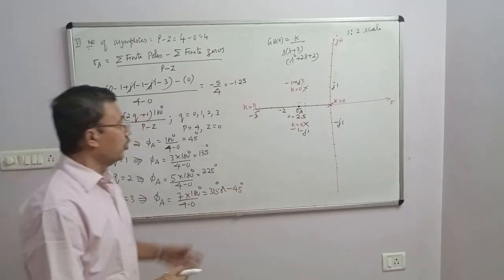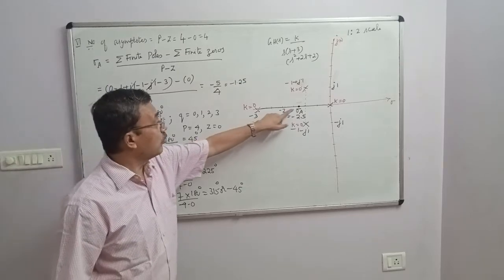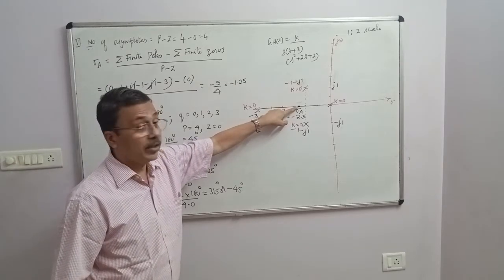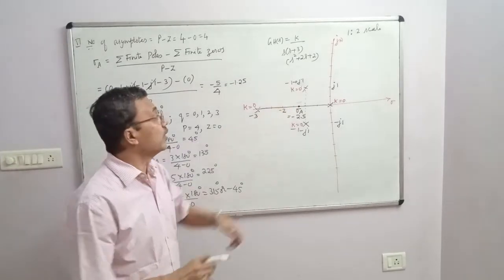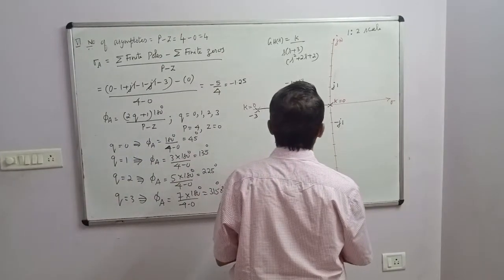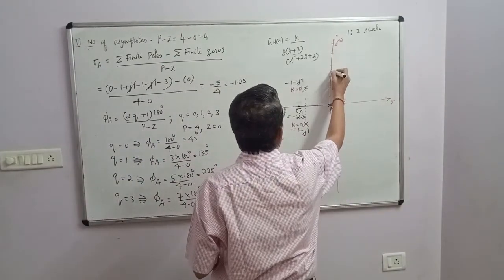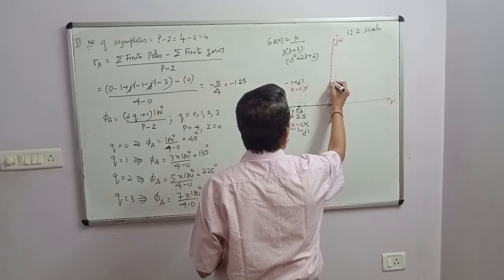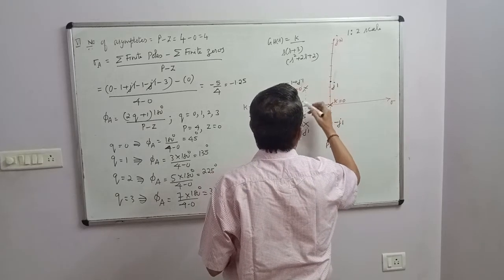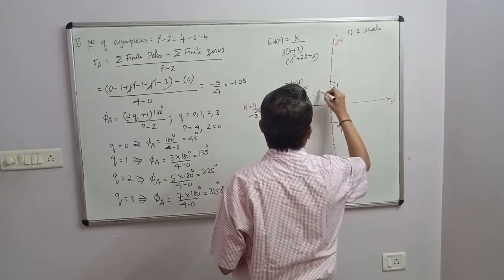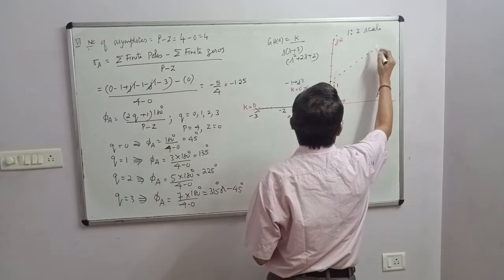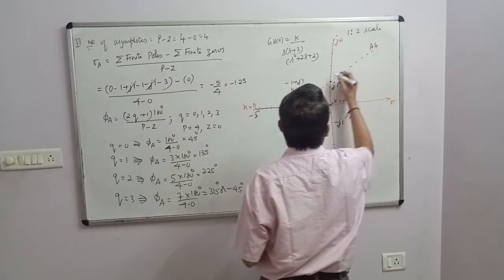So I draw 4 asymptotes. All 4 asymptotes must be coincident at sigma A, which means they must start at sigma A. This is 2.5. This is asymptote number 1.